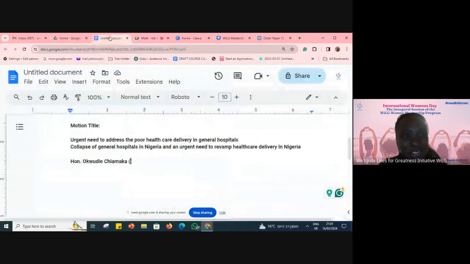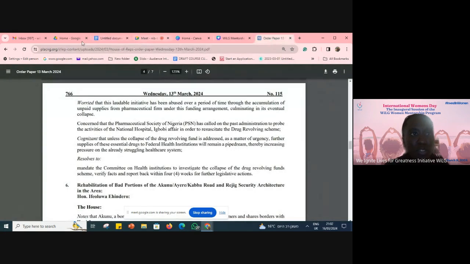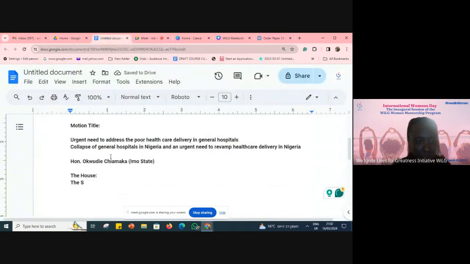Aha, so this is your assignment, to go and look for your constituency, right? So some people write the constituency there, and then you write the House. We're writing this for the House of Reps, so that's why we'll use the House. Remember that if you're writing it for the Senate, how did the Senate write it down? Maybe I have closed the page. I think it's the Senate.